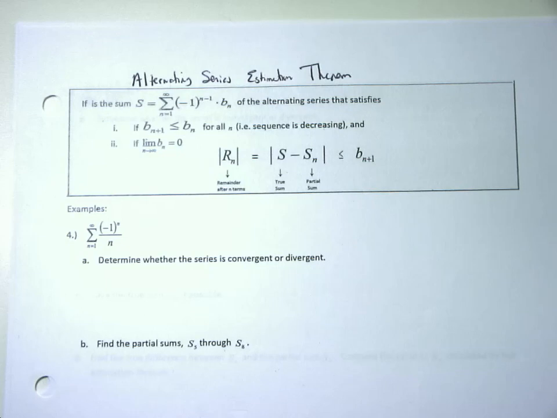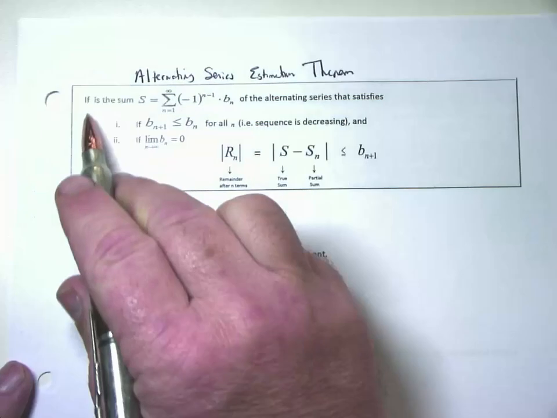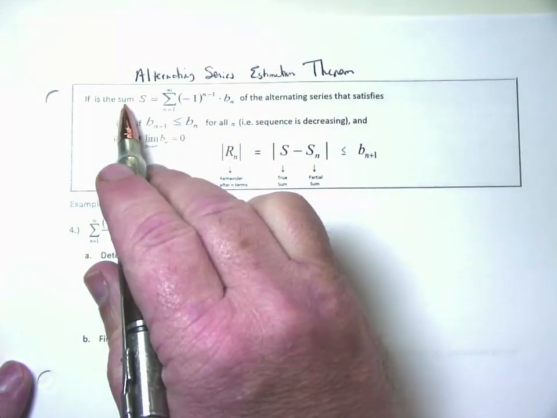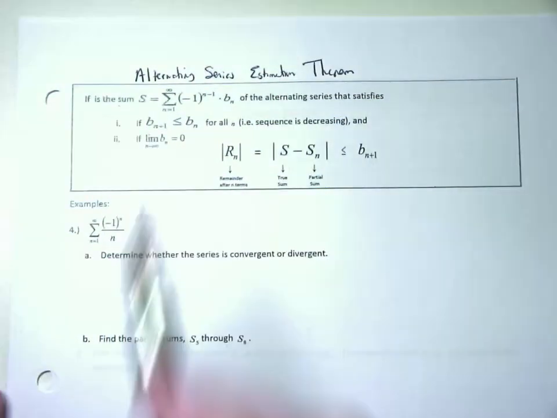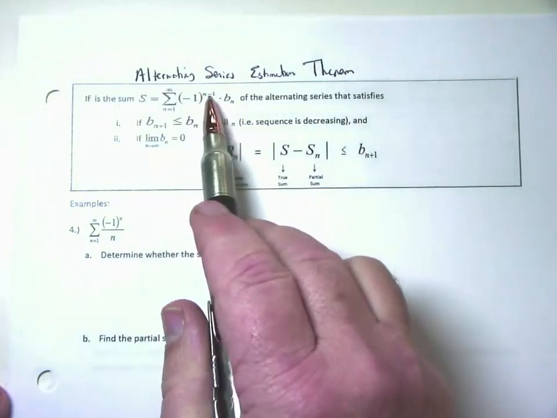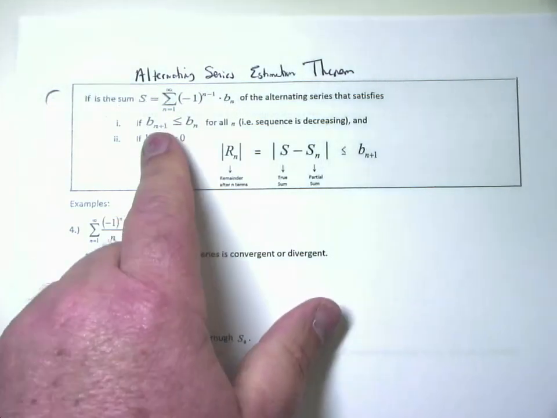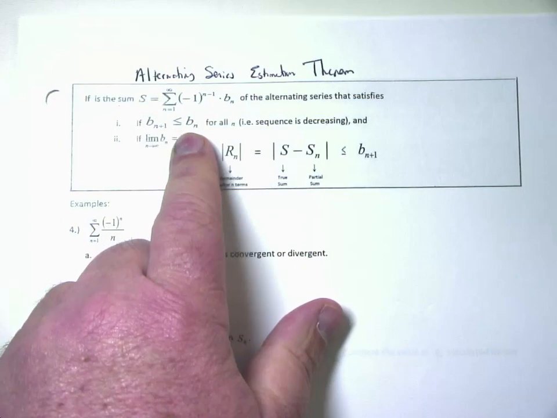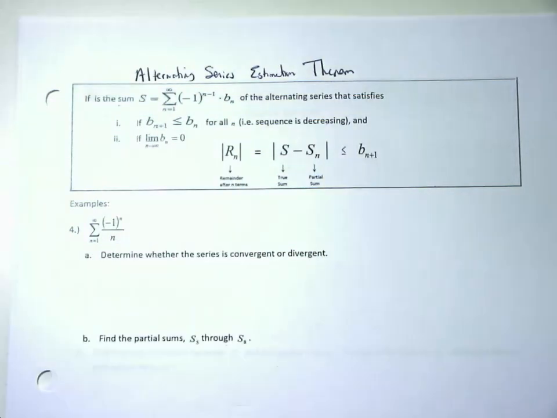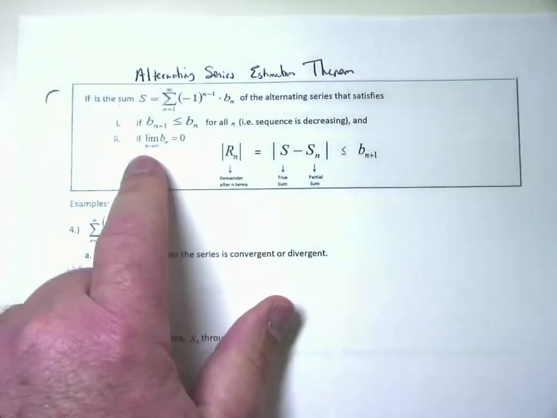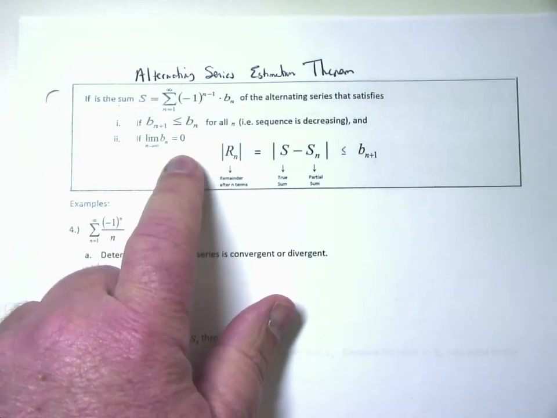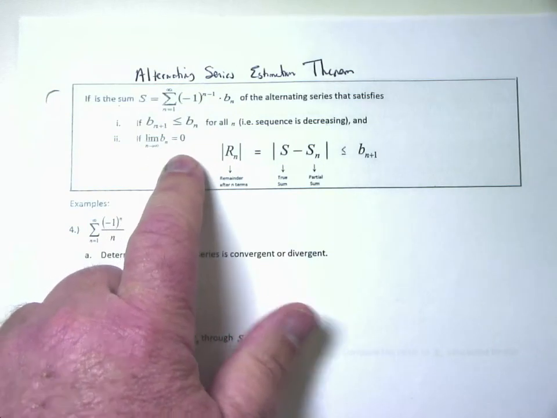So, it says this. If the sum S equals the sum as n goes from 1 to infinity of negative 1 to the n, in this case we did minus 1, times Bn, is an alternating series that satisfies these two conditions: if Bn plus 1 is less than or equal to Bn for all n, aka the sequence decreases, and if the limit as n approaches infinity of Bn goes to 0, well, first off, what does this tell me?